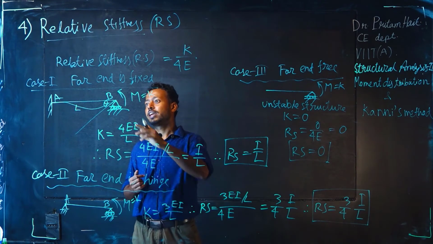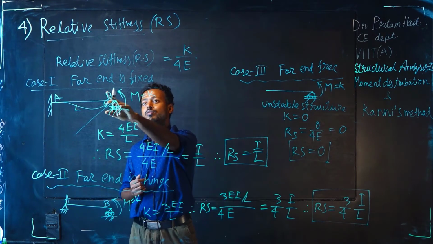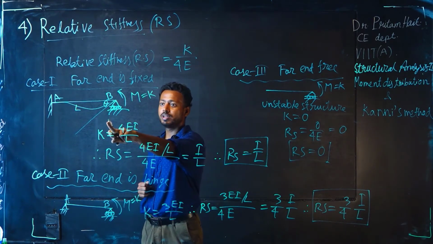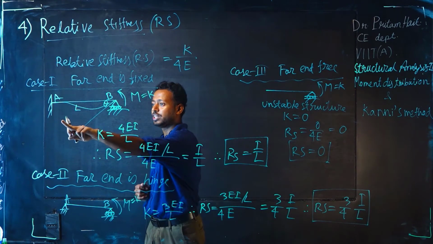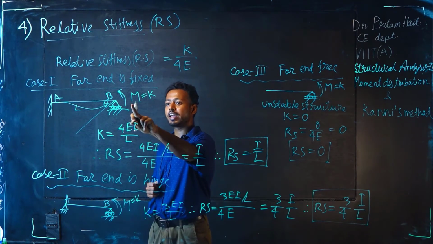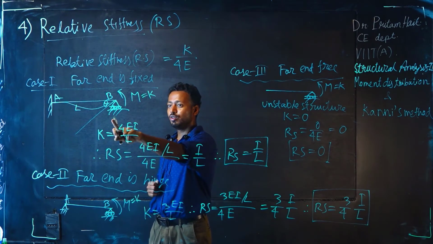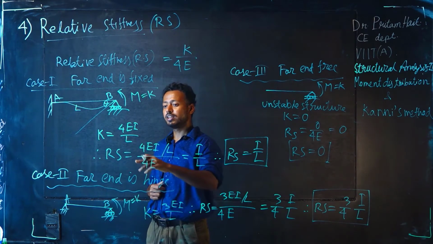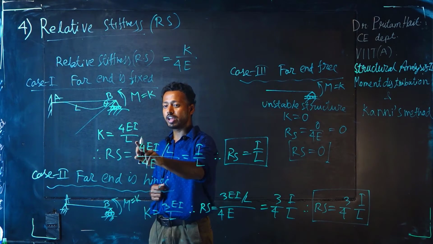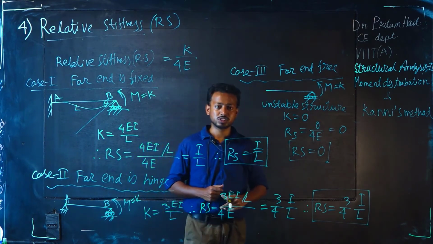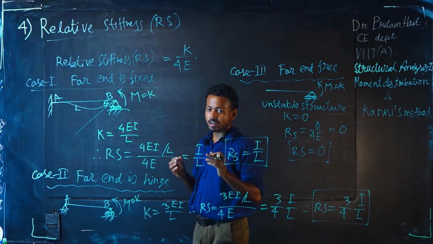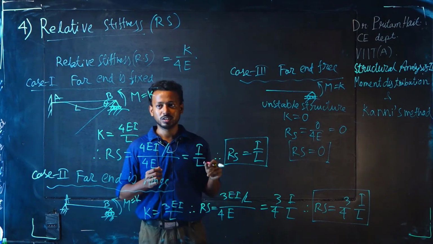So let's start case 1, for far end is fixed. This is a prop cantilever beam. If its far end is fixed and you are applying an end moment at B point, what will be the stiffness? In the earlier slide I have explained, the stiffness will be 4EI by L. As I have considered the unit rotation, for unit rotation the required moment will be equal to stiffness.